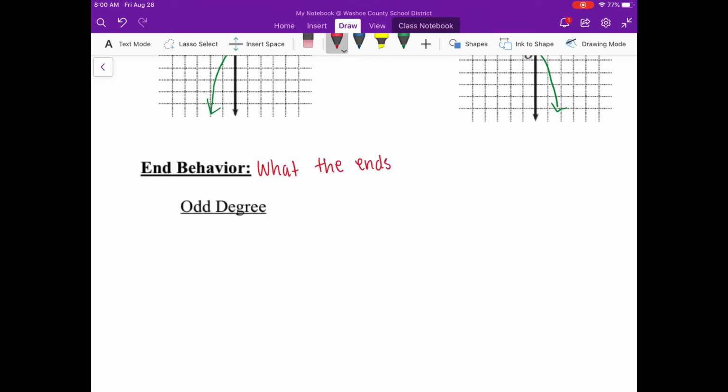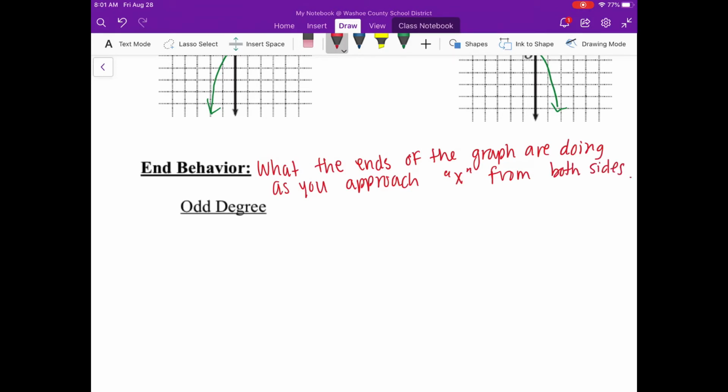So think about what the ends of the graph are doing as you approach x from both sides. Okay, so when you look at the graph, what is happening to your y value as you look at the x value? Okay, so if I have an odd degree, so odd numbers, 1, 3, 5, 7, 9, and so on, okay, here is what is happening.